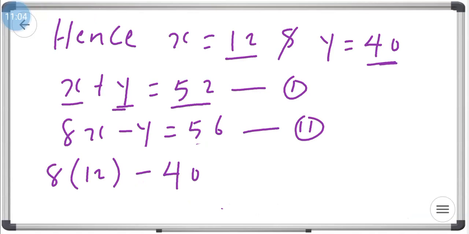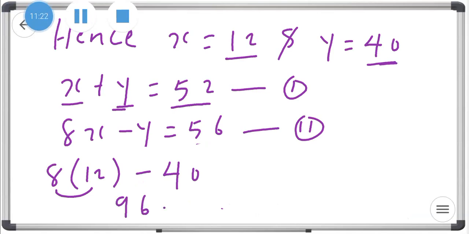Now quickly, let's multiply together and see if we'll be getting the same answer. 8 times 12 will give us 96. 96 minus 40, let's subtract it. That will give us 56.